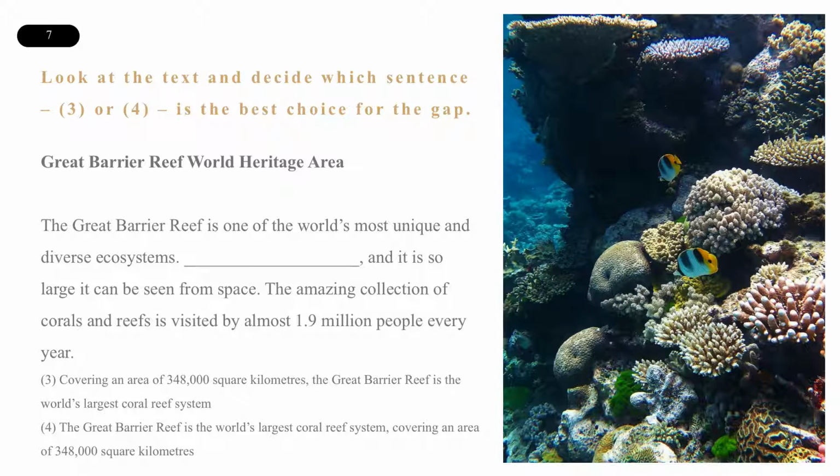And it is so large it can be seen from space. The amazing collection of corals and reefs is visited by almost 1.9 million people every year. Okay, I'm going to just leave this on the screen for a few more seconds and think about which one fits better in that blank.